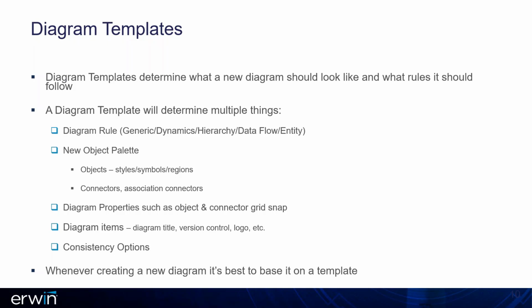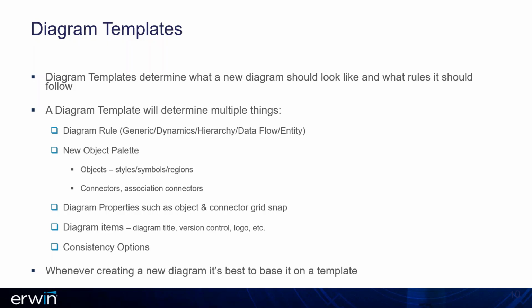It will determine what is available on the new object palette, so both the objects and the connectors, whether they're just lines or associations. It will determine diagram properties such as object and connector grid snap, as well as diagram items. If you add anything to the diagram, if you wish to have anything like a title or version control, etc., that is part of your template. And then consistency options as well.